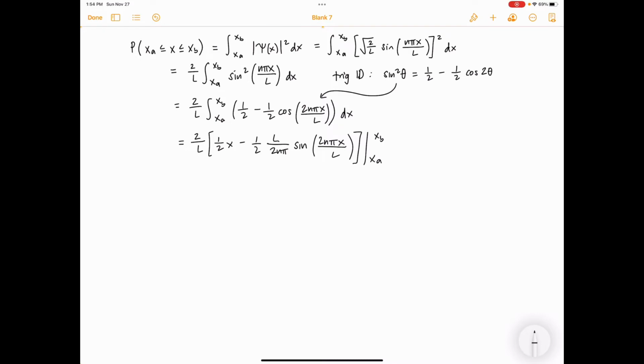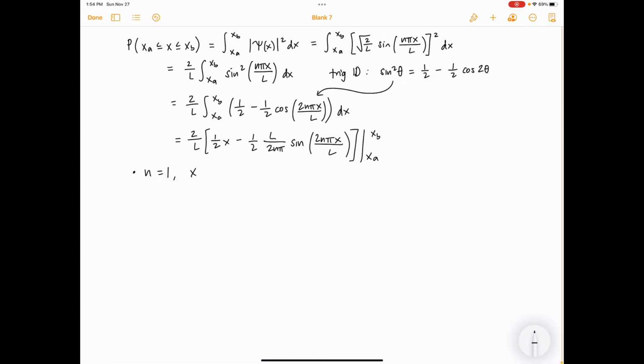All right, so that's a nice general form that we can use to answer either of the questions. For the first question, remember we have the n equals 1 state, and we're interested in the probability of locating the particle between xa equals 0 and xb equals L over 4. So the probability, I'll just call that P, is, well, let's use the formula. It's 2 over L, and then in the brackets, we have 1/2 times x, where if we plug in the top limit, we're going to have L over 4 as our x value.